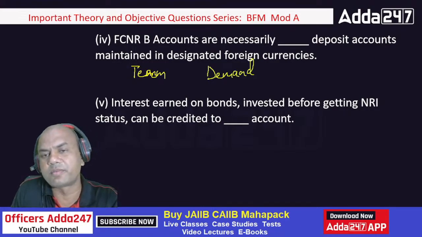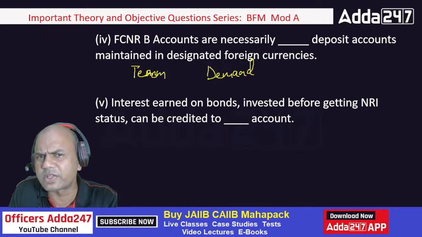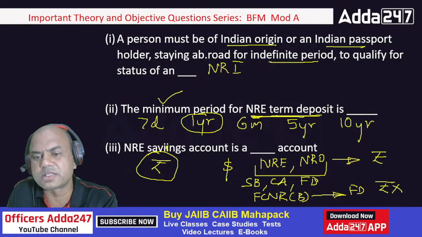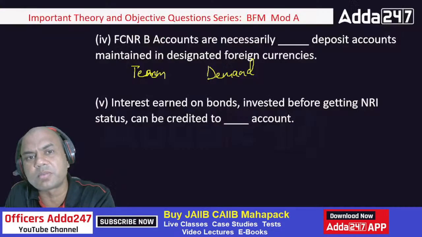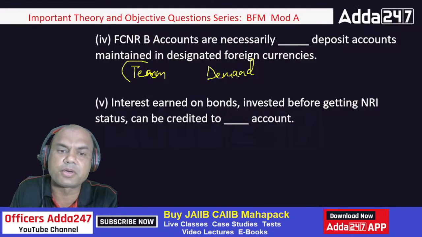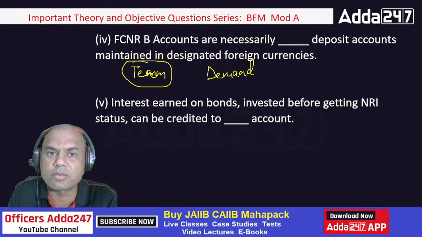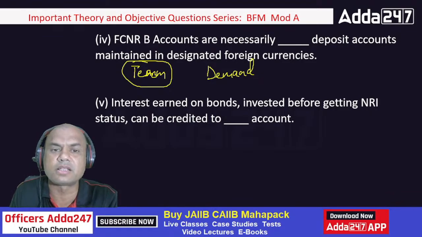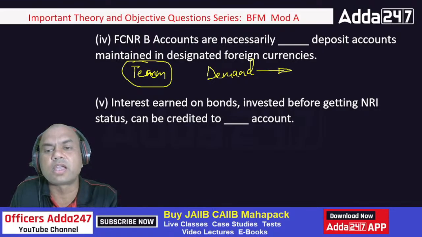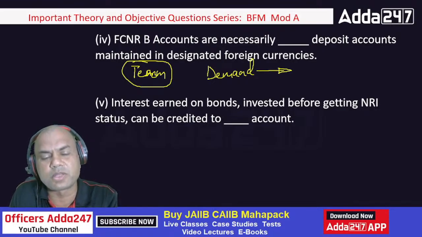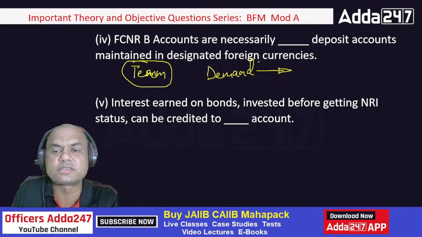Just now I told you it is FD, and FD means term deposit. FCNR-B is strictly a term deposit. It can never be savings or current. Savings and current are known as demand deposits. Demand means I present a cheque and withdraw that money. That is SB, current.